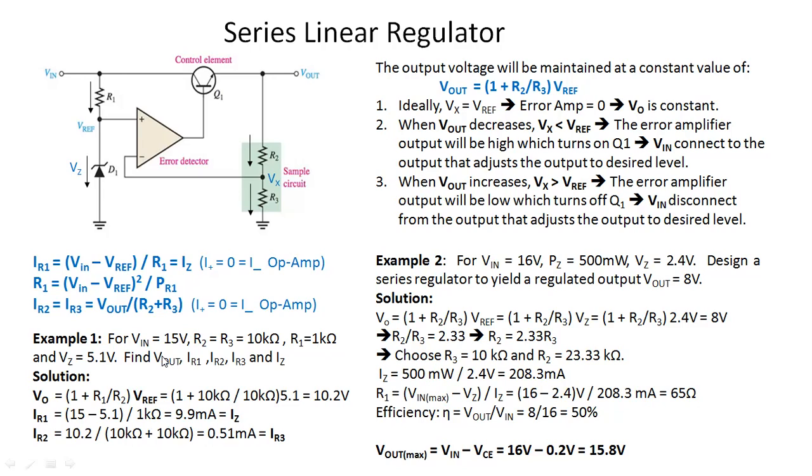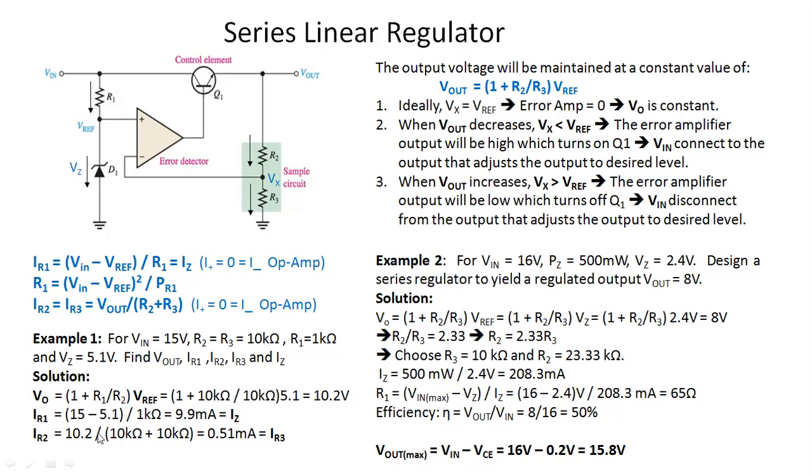So here we got V out, IR1, IZ, and now IR2, which will be equal to IR3. So here we can solve IR2 equal to IR3, that will be equal to V out upon R2 plus R3. The V out value we just got is 10.2. So you take that value in the numerator, and in the denominator the values for R2 and R3, which are nothing but 10 kilo ohm.